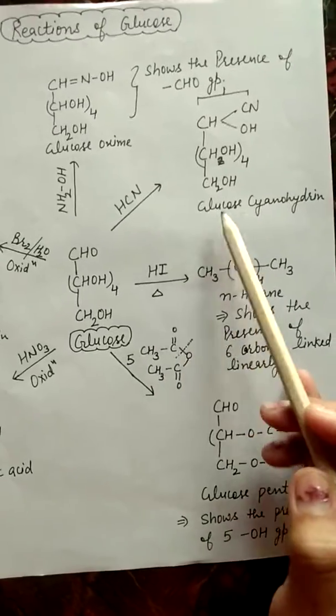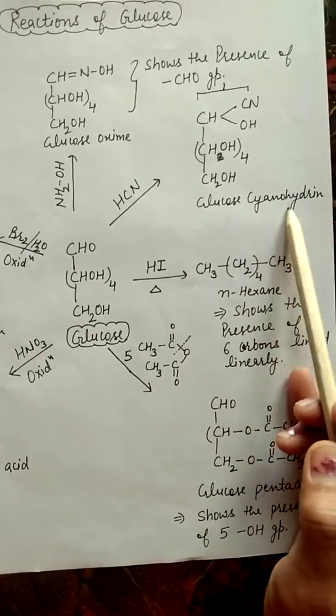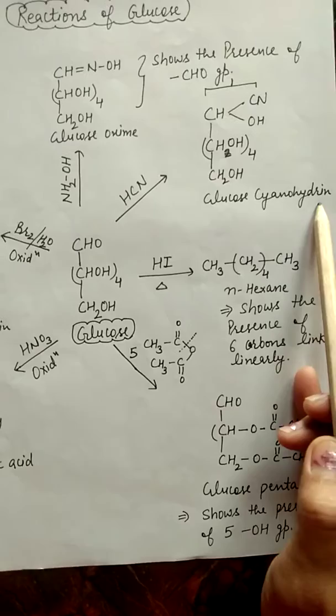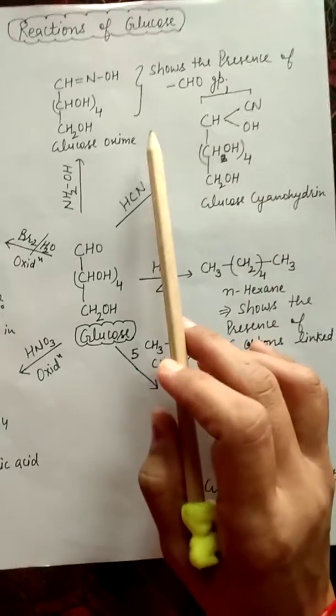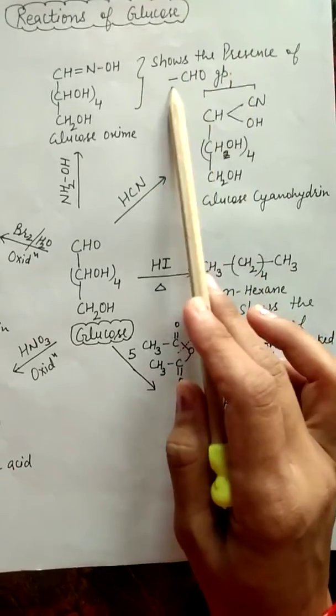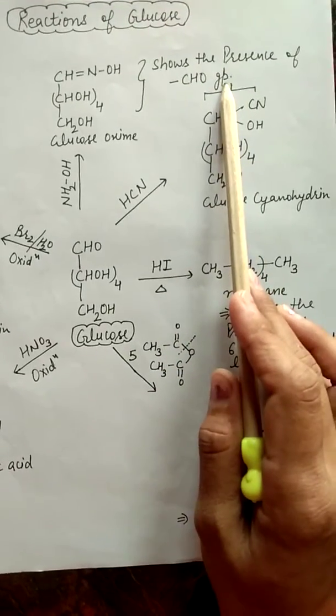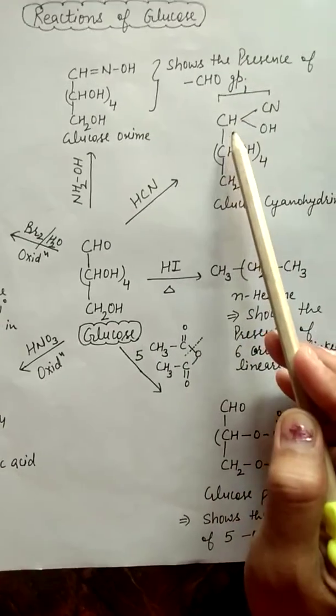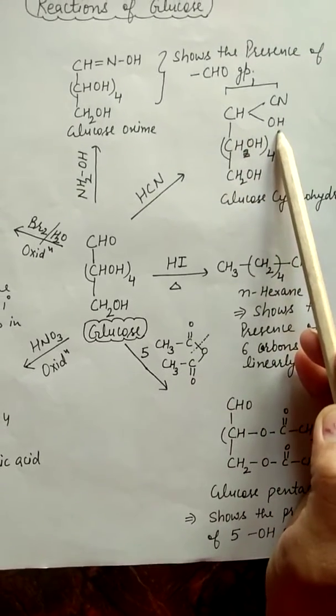It means this is glucose cyanohydrin. These reactions show the presence of an aldehyde group in the open chain structure of glucose.